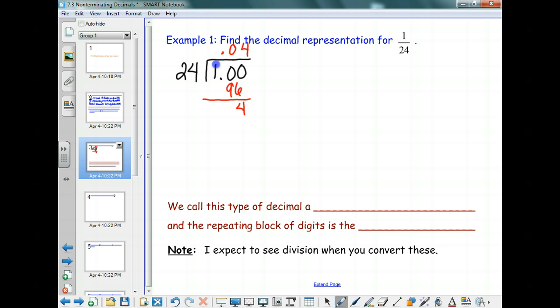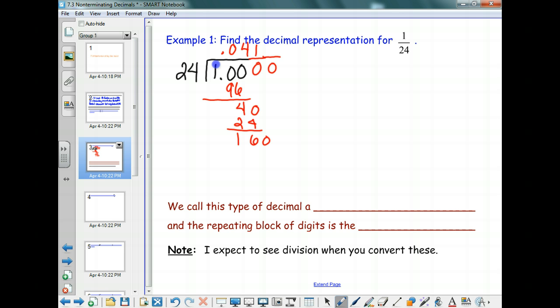And so I need another 0 that I can then pull down. So how many times will 24 go into 40? Once. 1 times 24 is 24. And I subtract and I get 16. Now what? I need to pull down another 0.